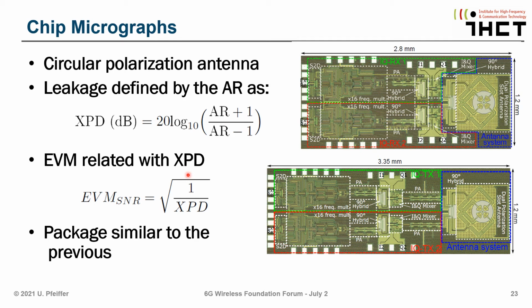And here you see the chip micrograph implementations of this. On the top here, you see the receiver design, and the lower part you see the transmitter designs with the respective IQ portions of each of the channels that are then hooked up to a dual polarized antenna through a 90-degree hybrid, which is required, of course, for the circular polarization.